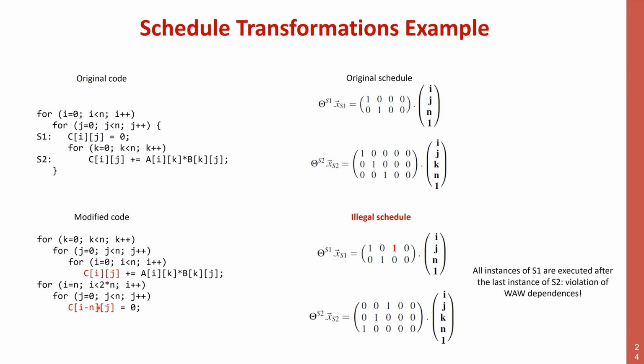So the code that corresponds to this modification is here, which is essentially the same code that we had in the previous slide, except that the additional n over I is no longer here. Actually, it was over k in the previous slide, but now it's here on the I of the statement 1. And all these statement 1s are happening after the statement 2.